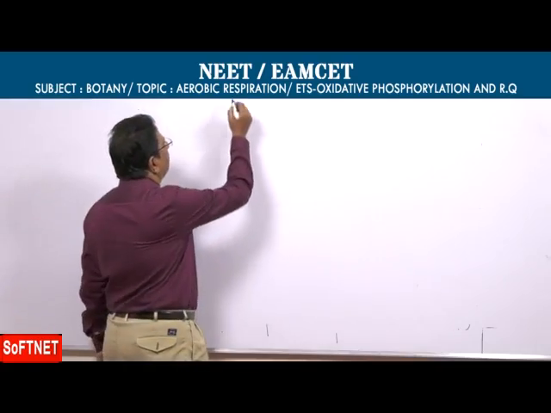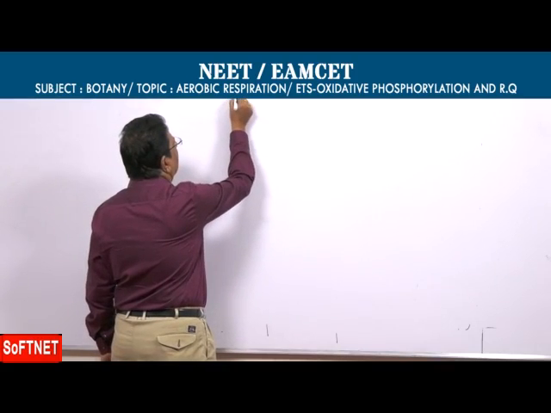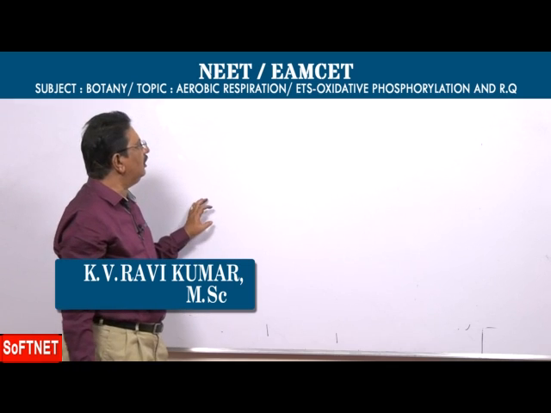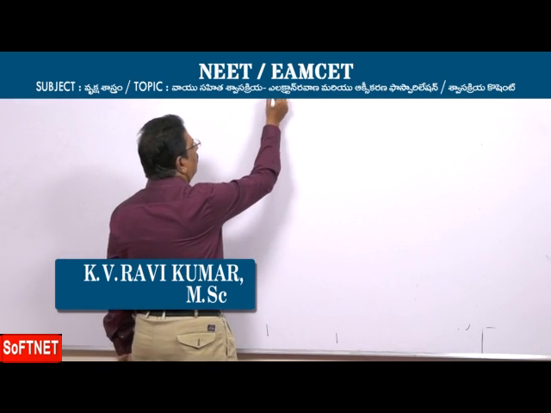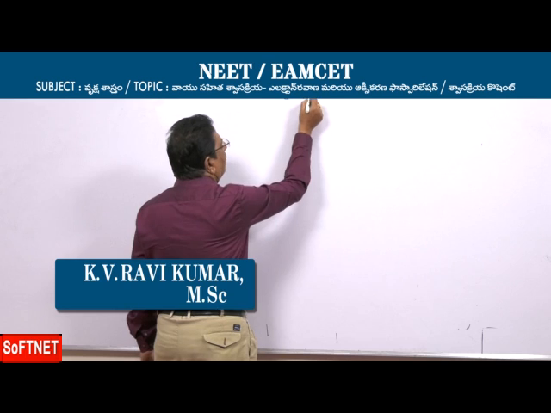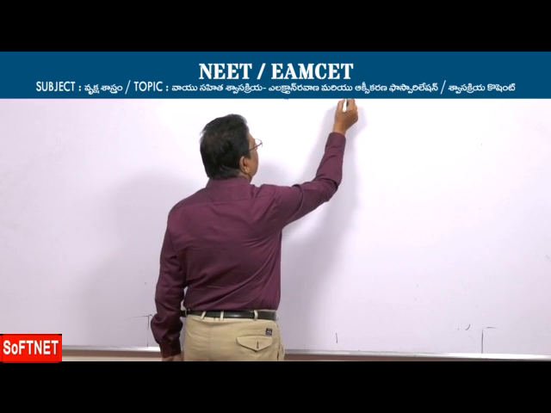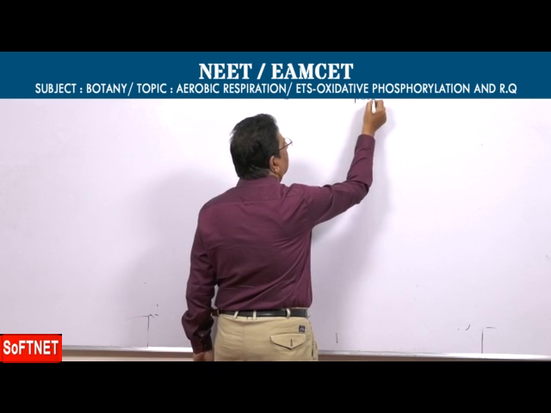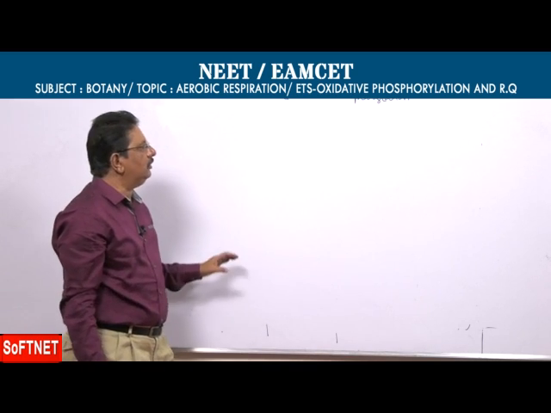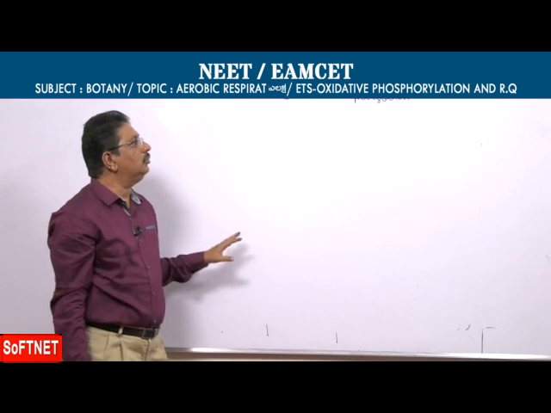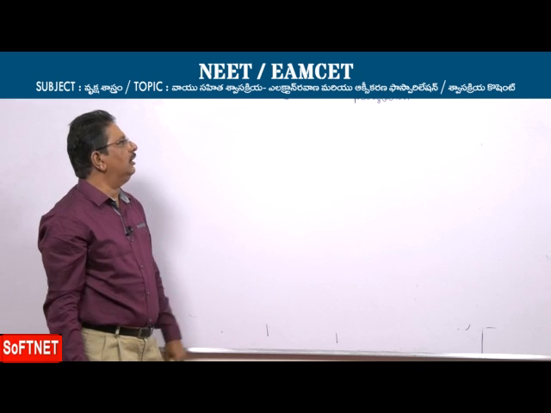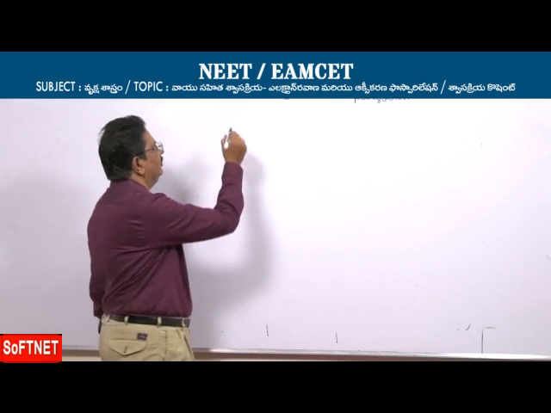Fourth step of aerobic respiration, which is called electron transport system. Sometimes it is called electron transport chain, followed by the so-called oxidative phosphorylation. So, the last and final event of complete oxidation of glucose molecule is the ETS followed by oxidative phosphorylation.